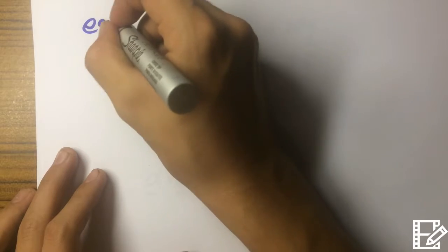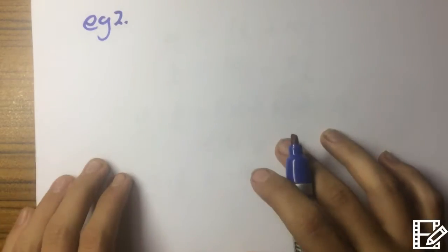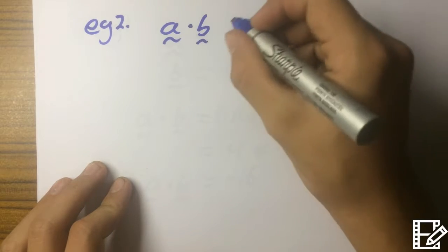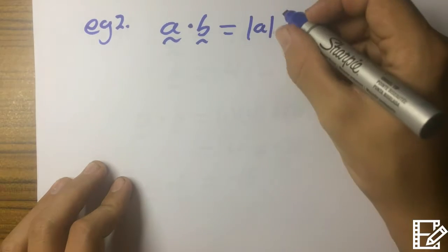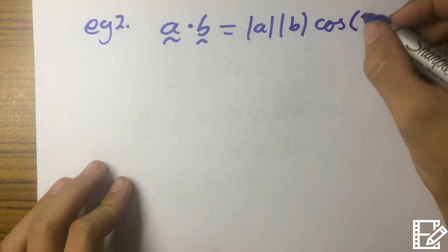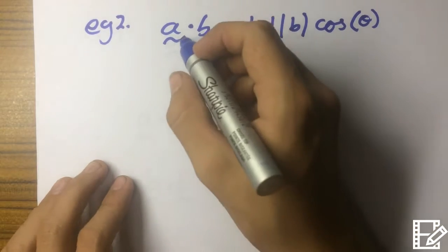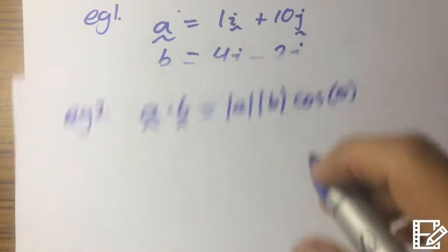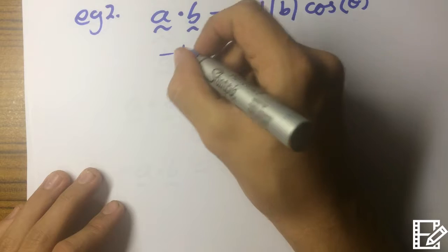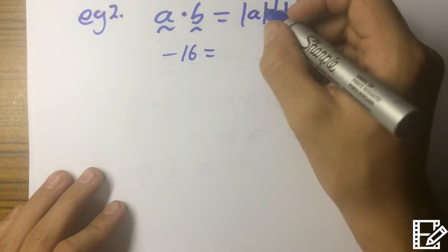And now for example 2, I'm going to use the previous example's vectors, where we're going to find the angle using a dot b equals the magnitude of a multiplied by the magnitude of b multiplied by cos theta. So using the previous vectors, we know that a dot b is negative 16. That equals the magnitude of a.